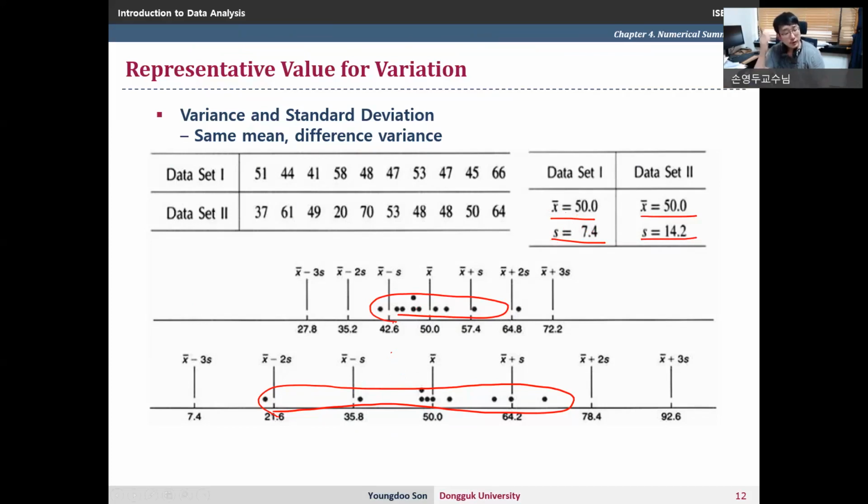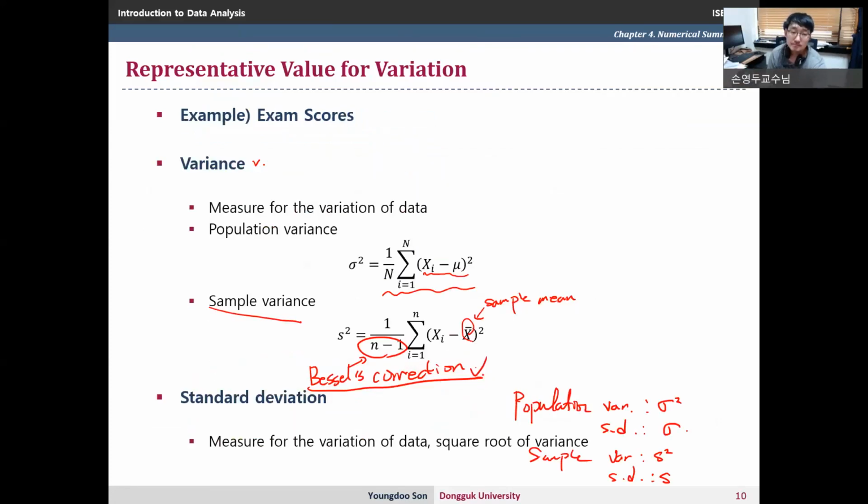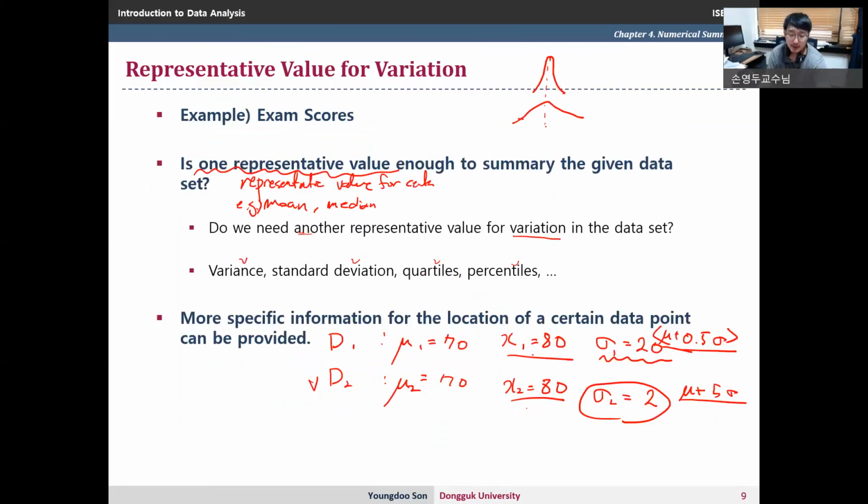Okay. So to explain the data distribution, the one representative value for the center is not enough. So we need another representative value which can explain the variation of the data distribution.